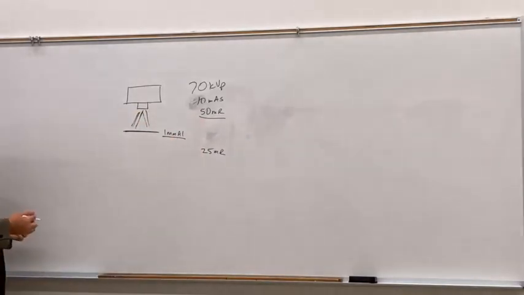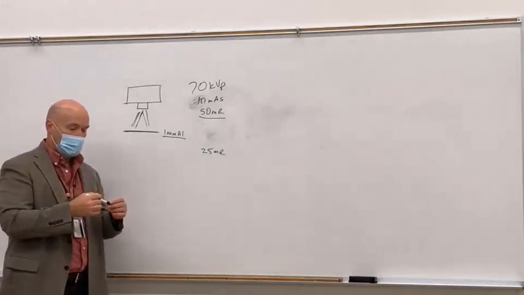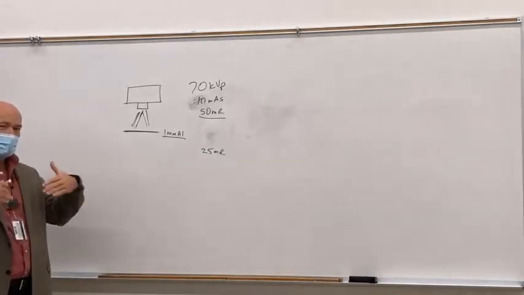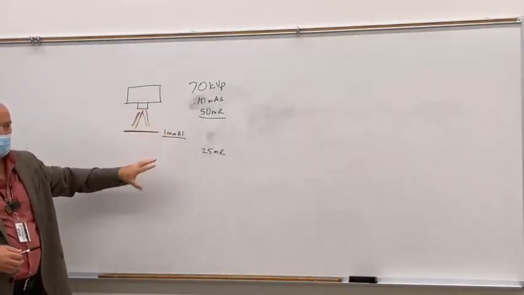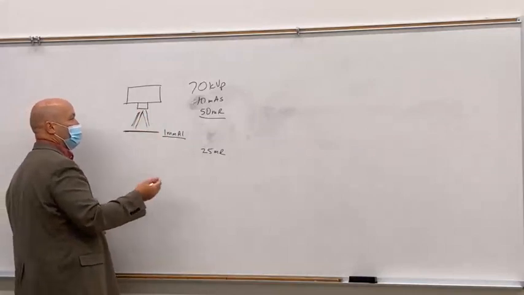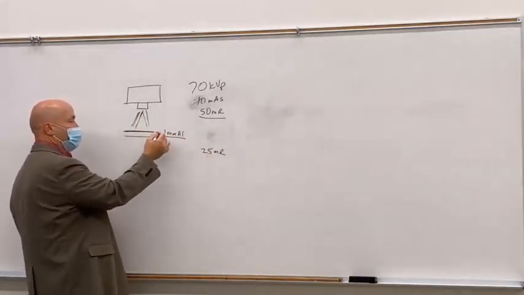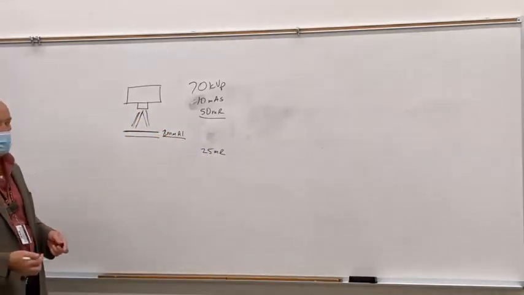And half value layer is a measure of X-ray beam quality. Okay? So we're going to get a little bit deeper here. This is really what you need to know about half value layer right now. If it took 2 millimeters of aluminum to cut it down to 25, then your half value layer would be 2 millimeters of aluminum. That's basically what you need to know.